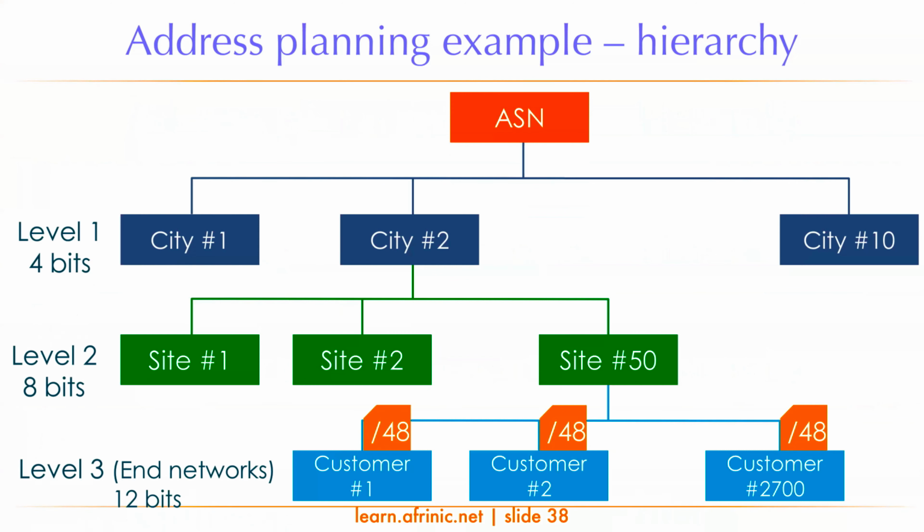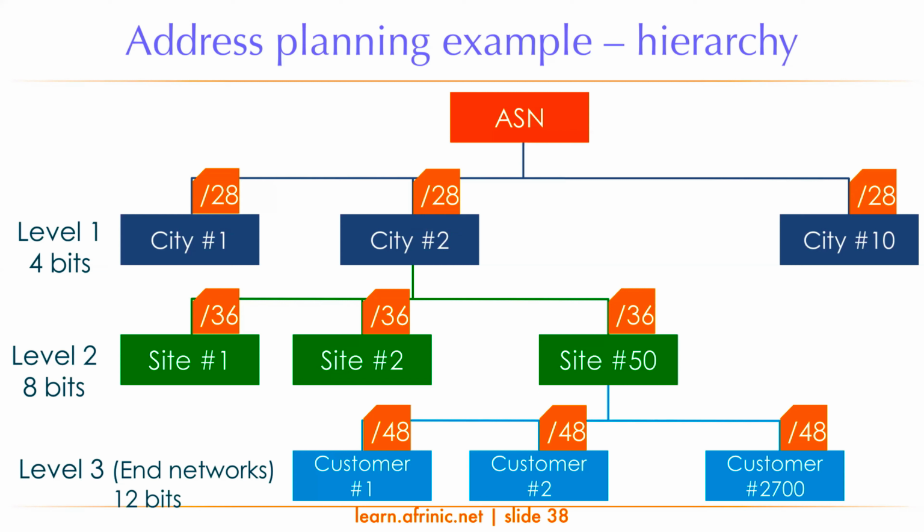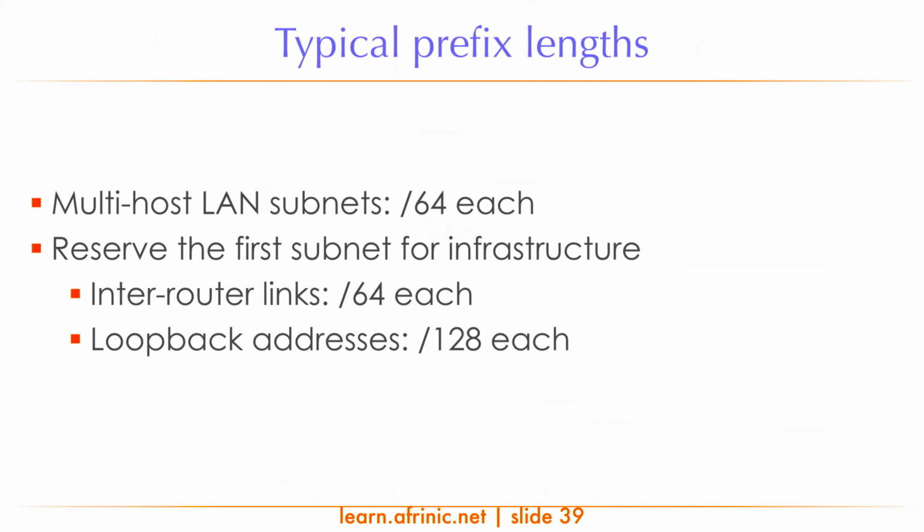Before we implement it, let's look at some best current practices. Typically, for any multi-host LAN subnet, you'll be allocating and configuring a /64. The reason is that if you don't use a /64, say you use a /65 or /70 or /80, you'll be interfering with how interface identifiers are generated.